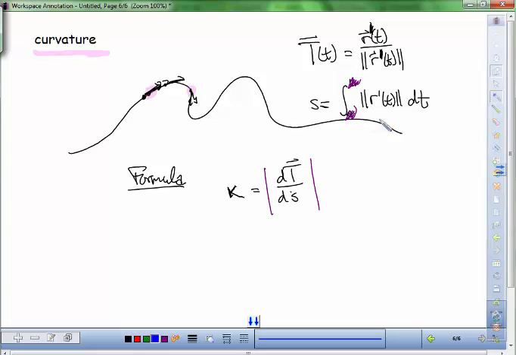Anyways, the idea here is that both capital T and s look like they might be functions of little t. So what we might be able to do in order to compute this is write dT over dt divided by ds over dt, like a chain rule type of thing. And now at least I could take the derivative of each of these things and it would kind of make sense.